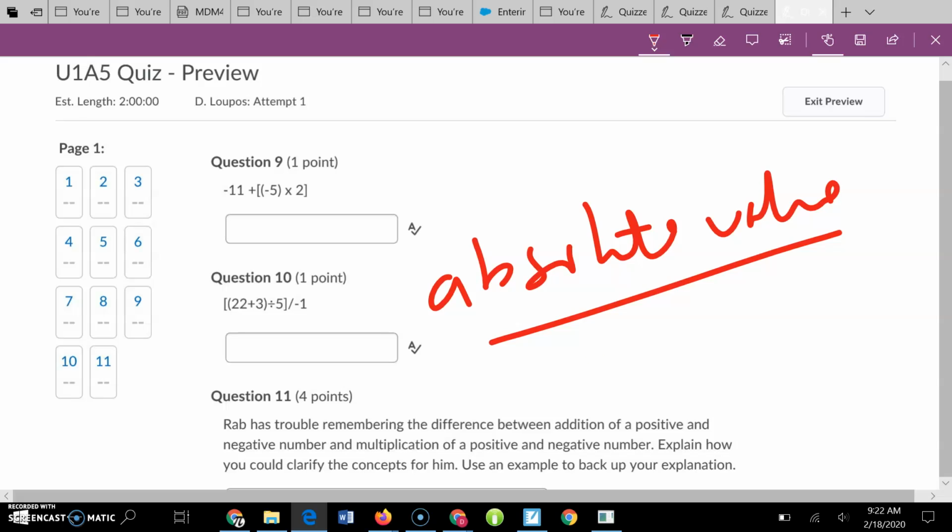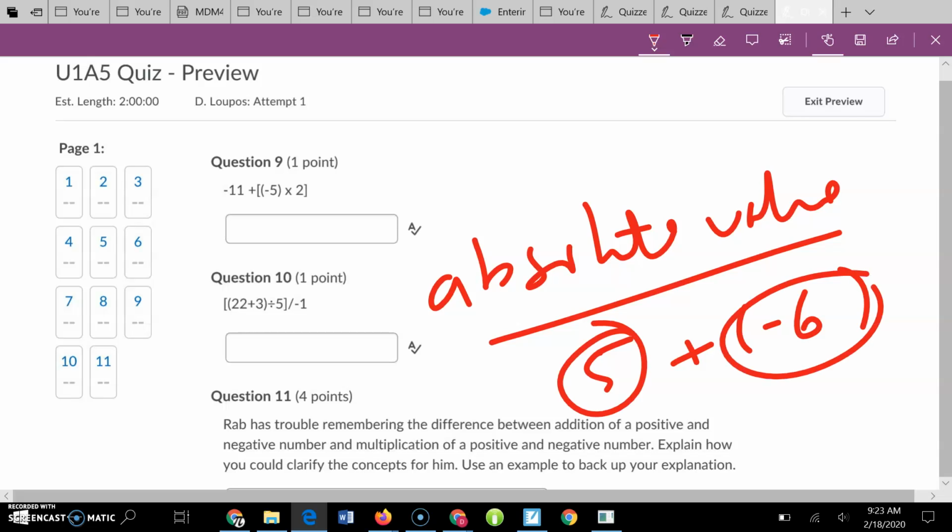So what's happening when you have a positive and you add to it a negative? Here you have 5 and a -6. What happens is you add them and subtract them, and essentially the bigger of the two determines the sign. So if I have a 5 and a -6, because this guy's bigger, we're going to end up with a negative number.